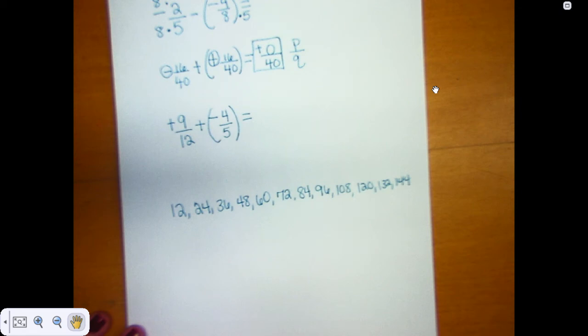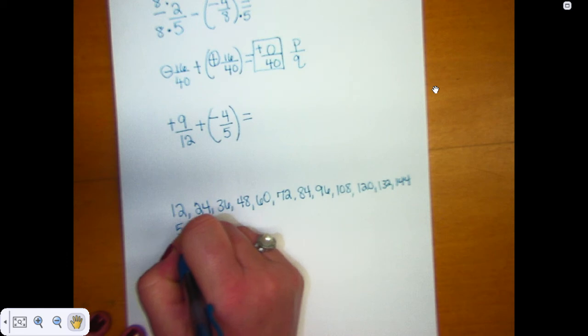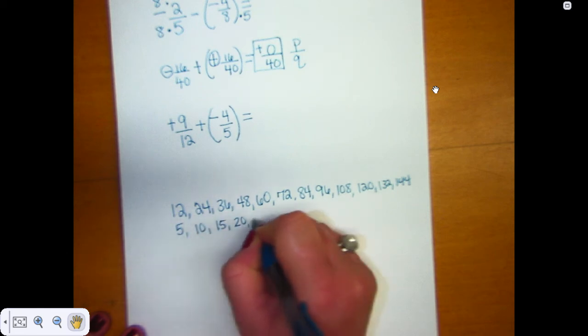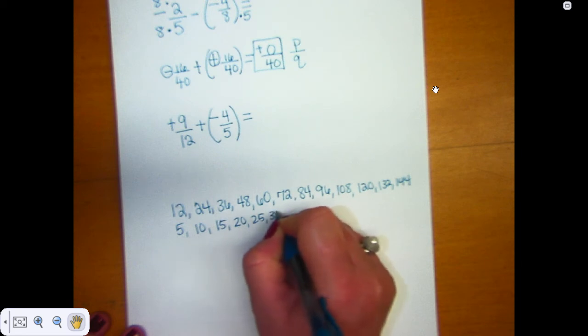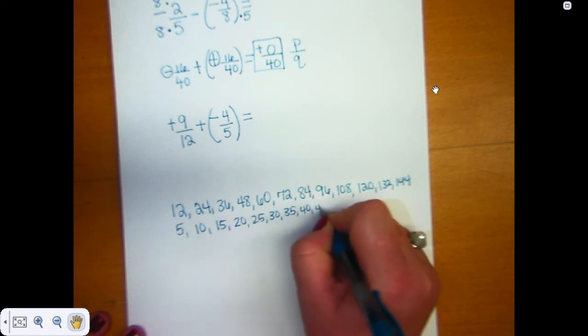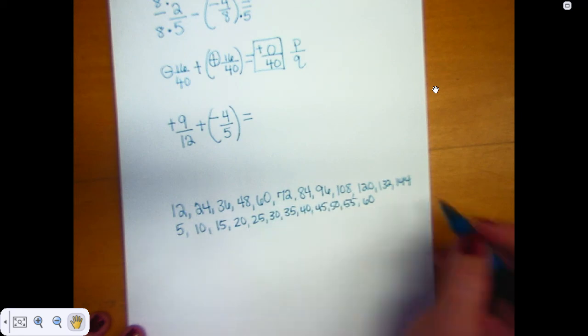That's multiples 1 through 12. And we could do 5: 5, 10, 15, 20, 25, 30, 35, 40, 45, 50, 55, 60. Oh, I see a common multiple.